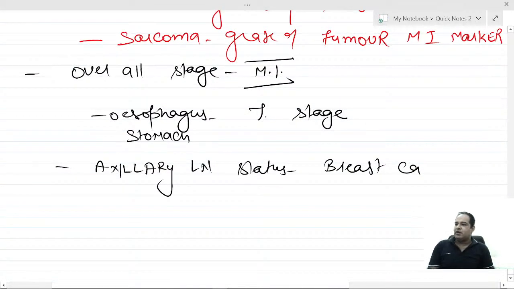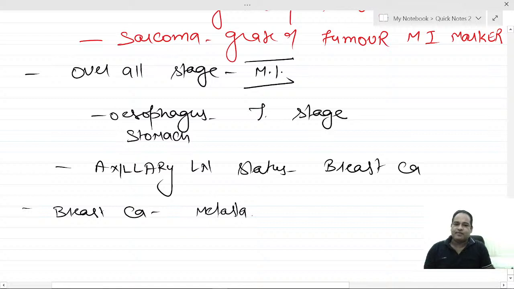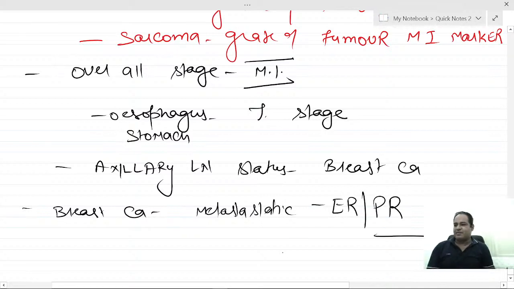If breast cancer is metastatic, ER/PR status is the most important prognostic marker. So the gist of the matter is, if overall staging is given, do consider that.